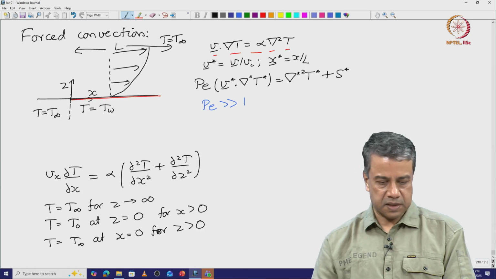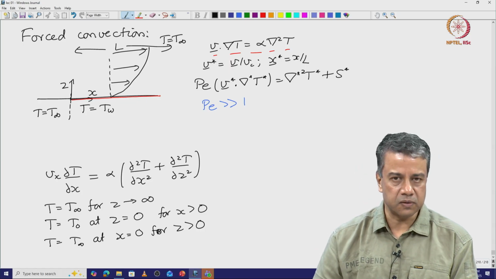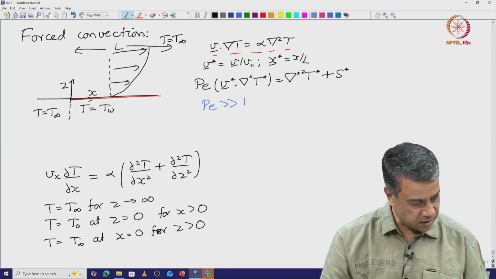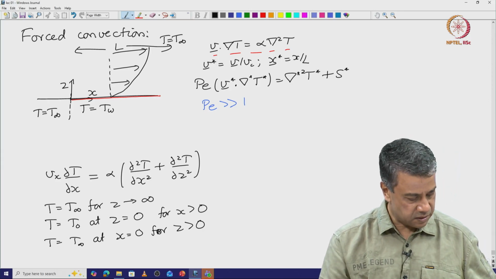So, those are the equations and the boundary conditions.